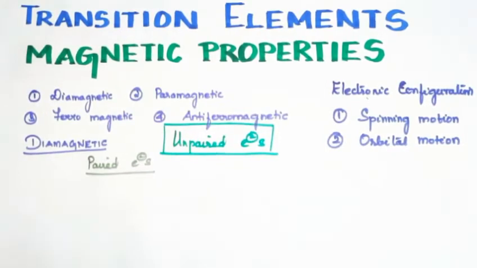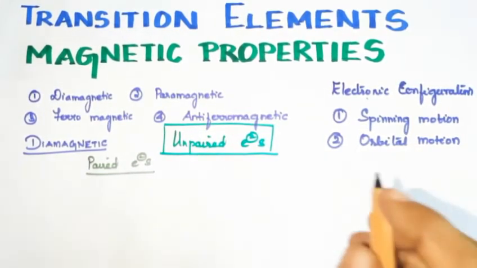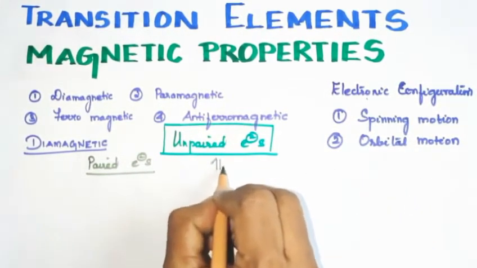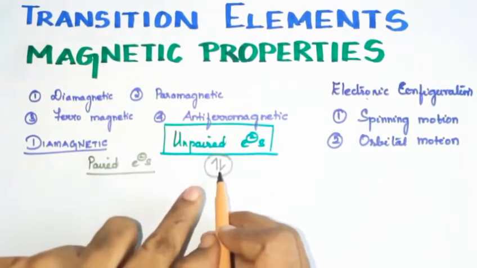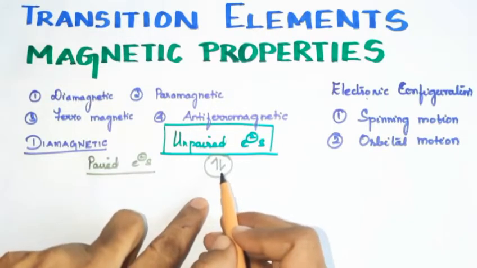Paired electrons do not have magnetism because the two electrons have equal and opposite spins, like up and down.